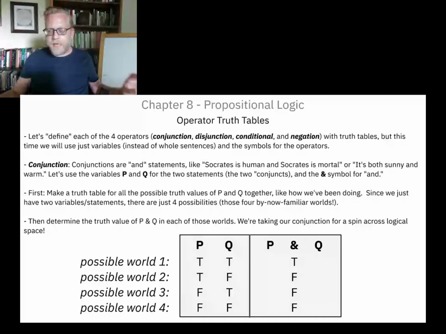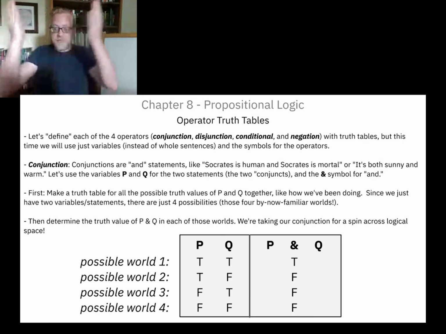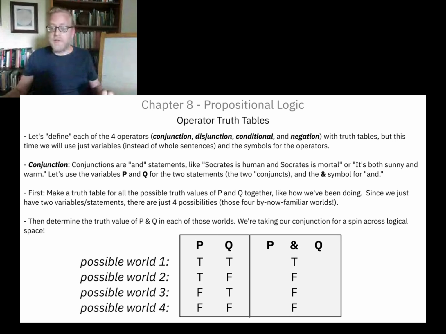So you might say that an and statement is very difficult to please. An and statement is usually going to be false. There's only one possible world where a statement like that is true. That's world one.